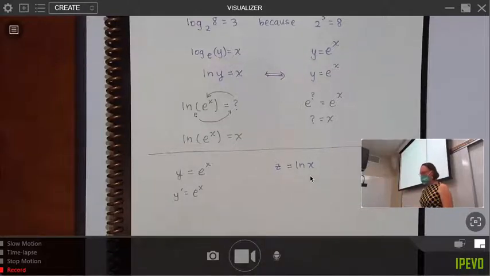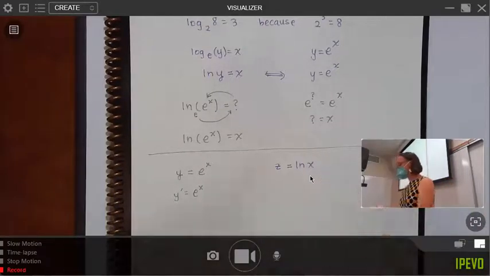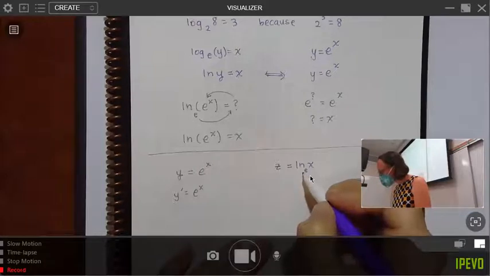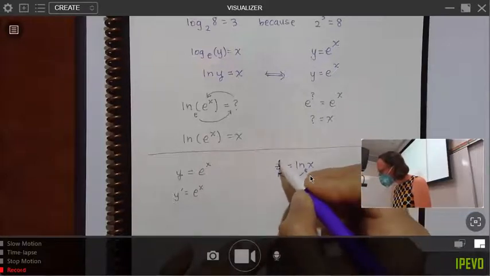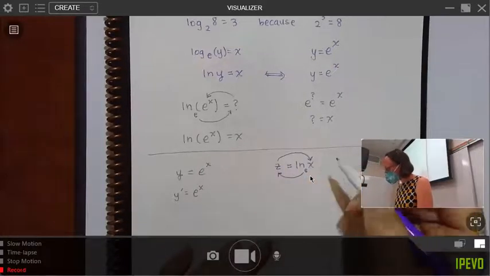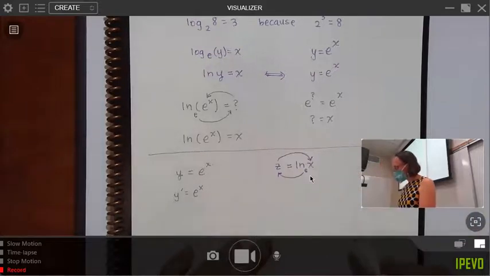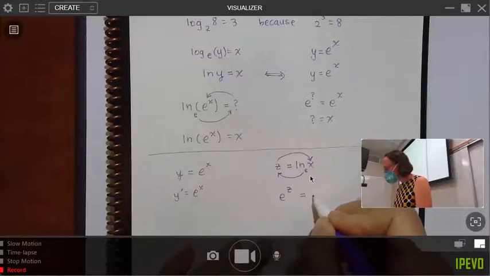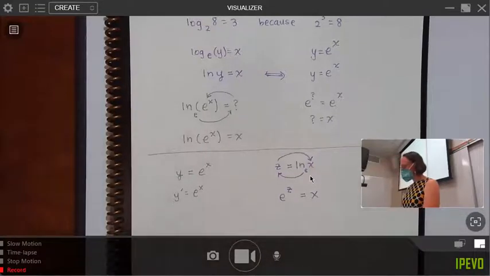Instead, I'm going to rewrite this in its exponential form. In its exponential form, there's that invisible e, and this says e raised to the z is equal to x.